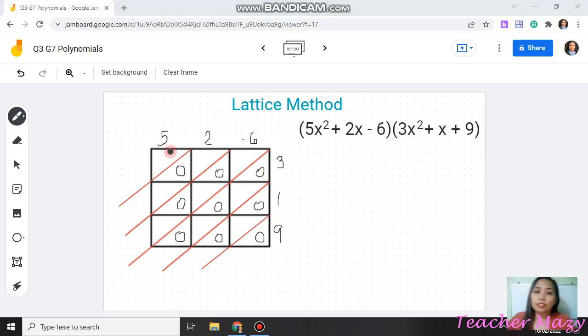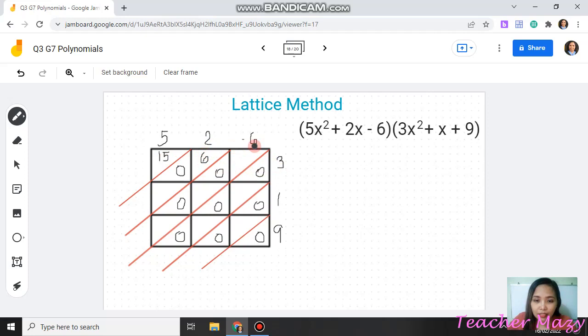After putting zeros below each diagonal line, now we can multiply each column entry by the row entries. Let's start with the first row. So 5 times 3 is equal to 15. 2 times 3 is equal to 6.